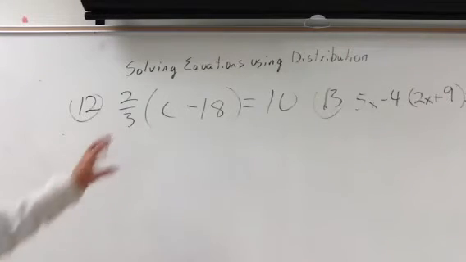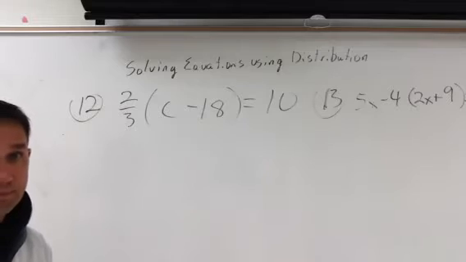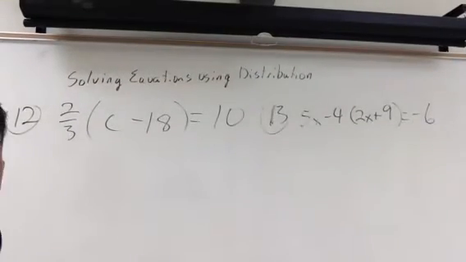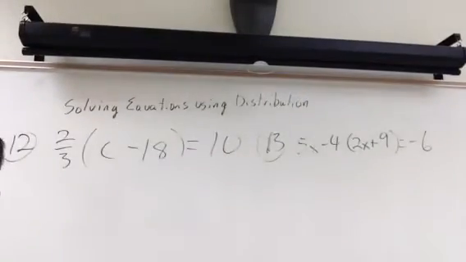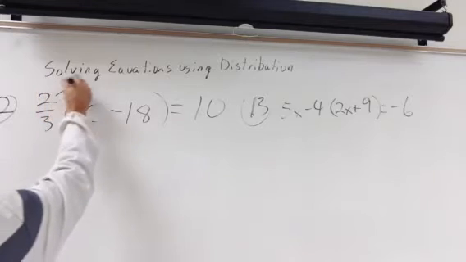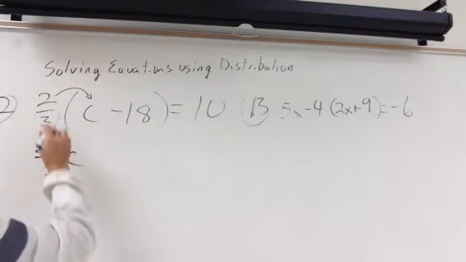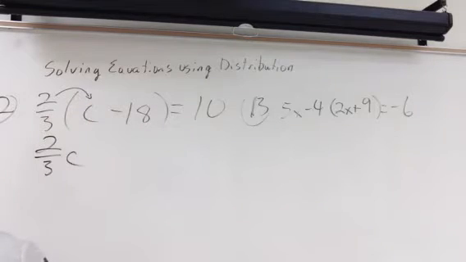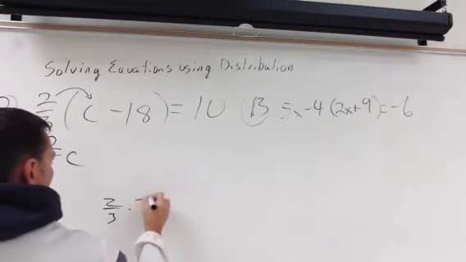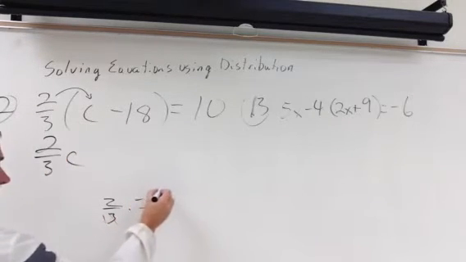We still have this quantity, this number, multiplying everything that's inside that team. So you still want to take this 2/3 and multiply it to both the c and the negative 18. 2/3 times c is 2/3 c. 2/3 times negative 18, if I do some little work down here, the 3 can be reduced with the 18 to make that a 6.